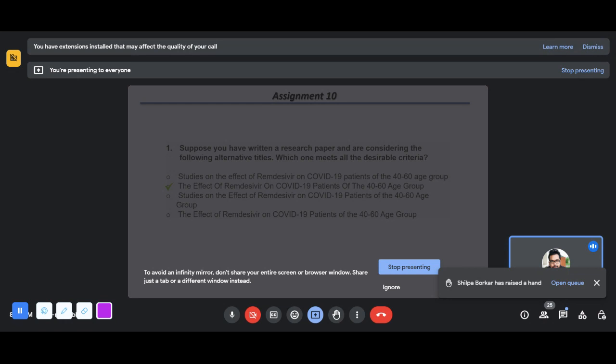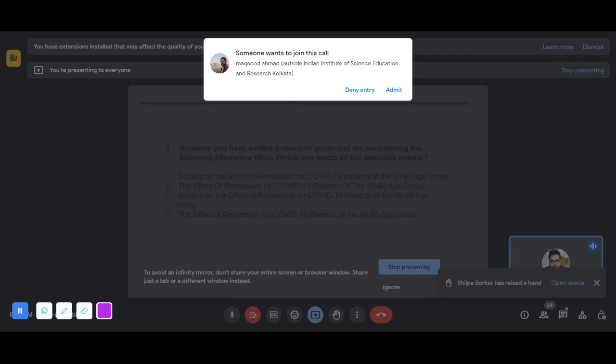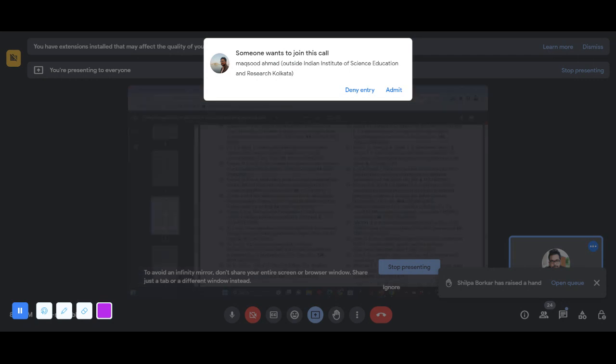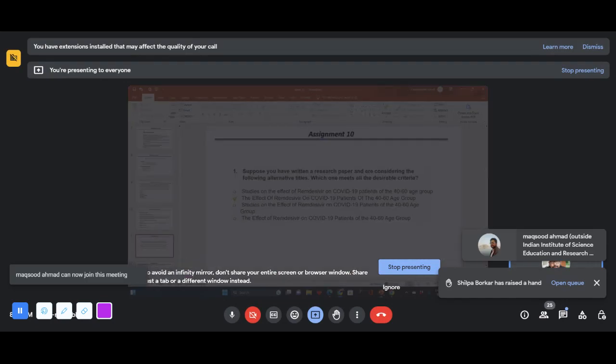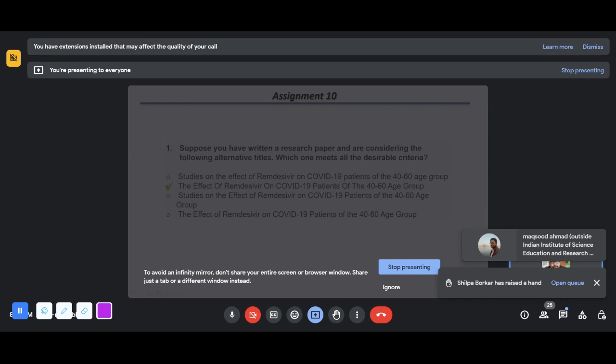The title should be such that it always covers the main theme of the paper. You have to be very careful about that. Here the options are: studies on the effect of remdesivir on COVID-19 patients of 40 to 60 age group; the effect of remdesivir on COVID-19 patients of this age group; and the third, studies of the effect of remdesivir.